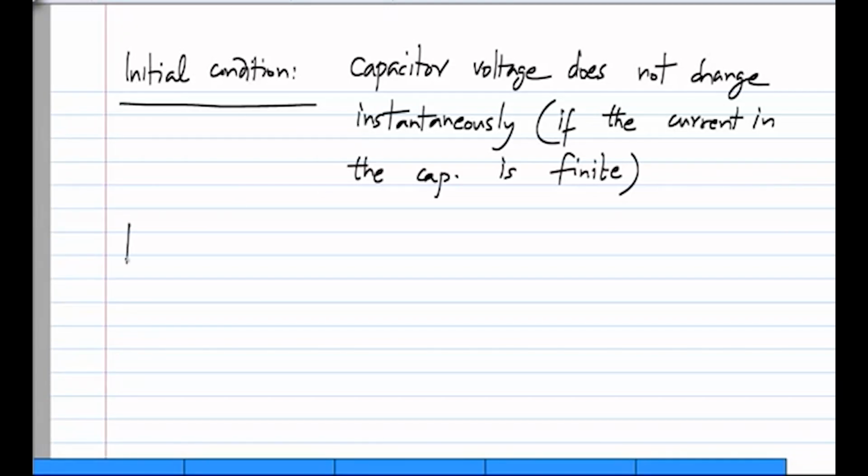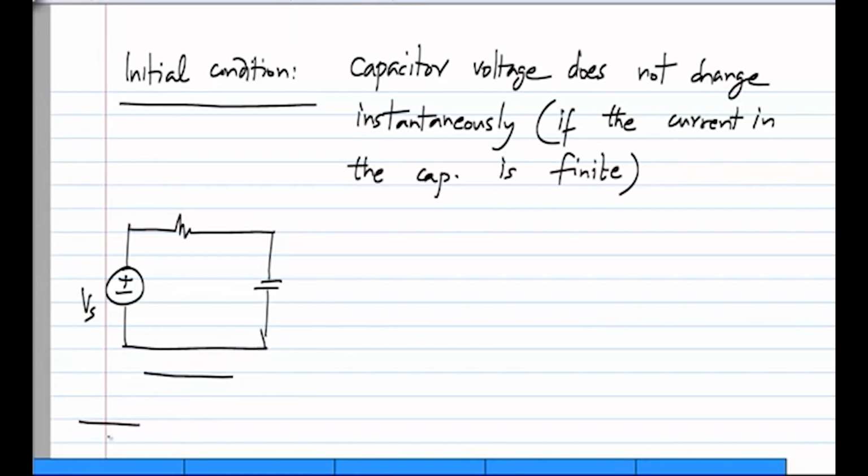Okay, so again let me take a simple circuit like this, and let me say that the input Vs changes from 0 volts to 5 volts, and the voltage on the capacitor just before the step, let's say the step occurs at t equal to 0, this superscript of minus means that it is just before the step, and that is equal to 2 volts.